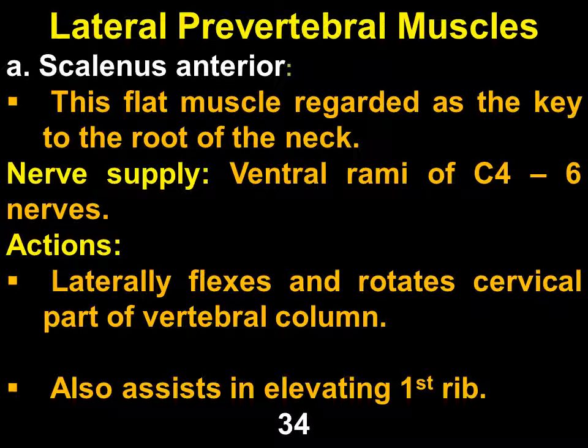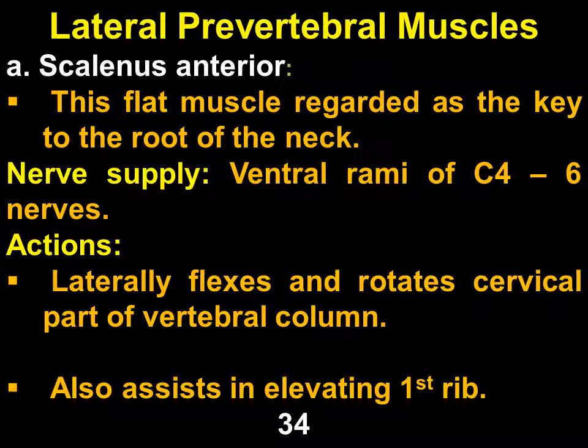Scalenus anterior muscle we consider the key to the root of the neck. The origin is from the anterior tubercle of C3 and C4 vertebrae, and the insertion is into the scalene tubercle on the first rib that we mentioned previously.